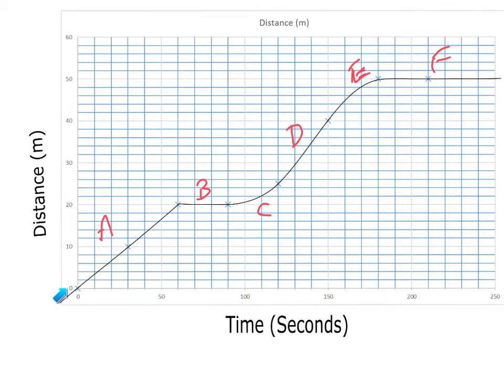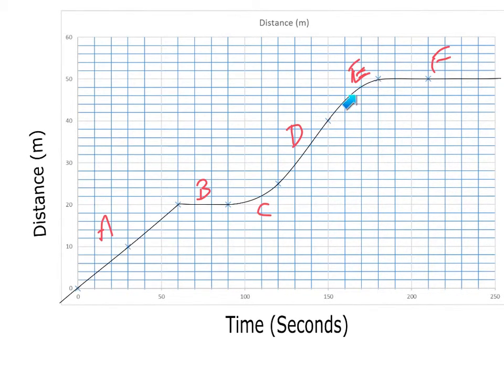As you know, the gradient of a distance time graph gives you the speed, and the speed is not changing because the gradient is not changing. And then the gradient is 0, speed is 0. The gradient is increasing in this section, really important, it's accelerating. So if you see a curve sloping upwards and the gradient is increasing, you can say the speed is increasing. And remember, that's only for a distance time graph. And then we have a straight section, steady speed here.